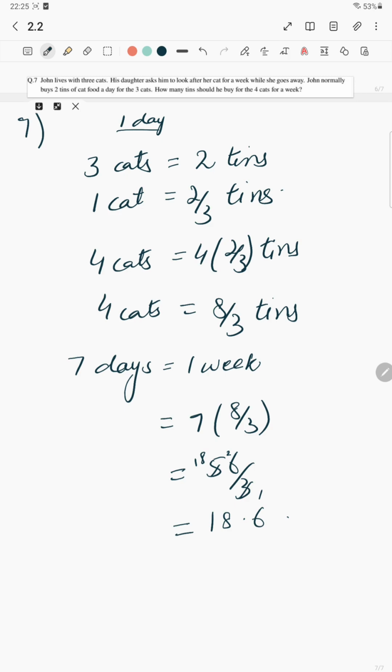So this would be the answer. How many tins should he buy? So he has to buy almost 19 tins.